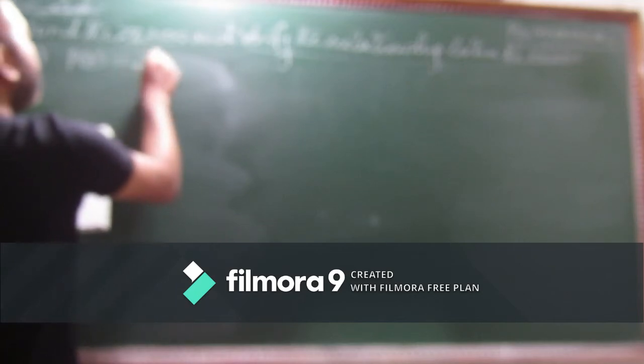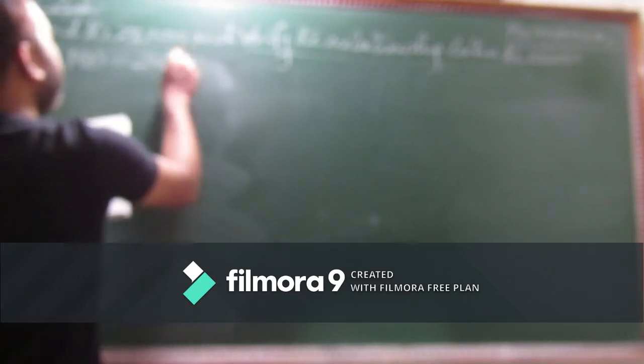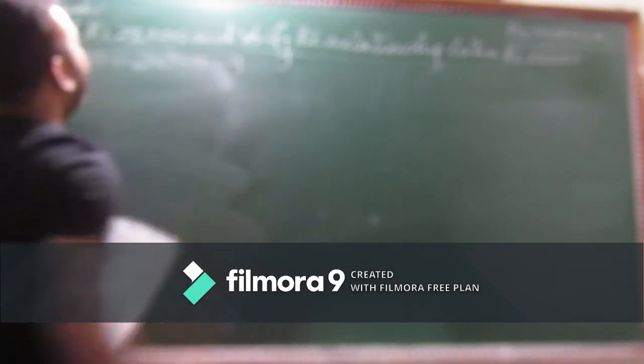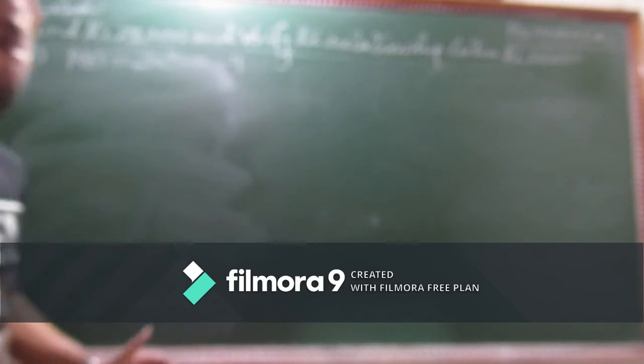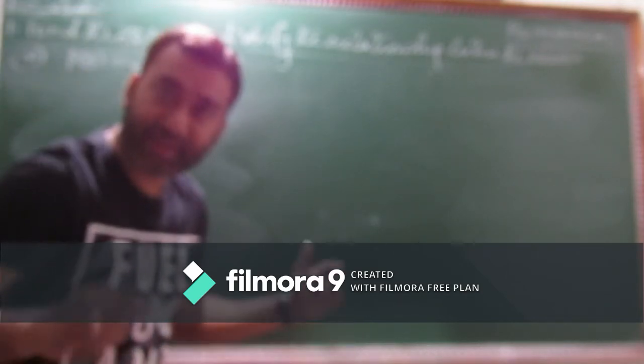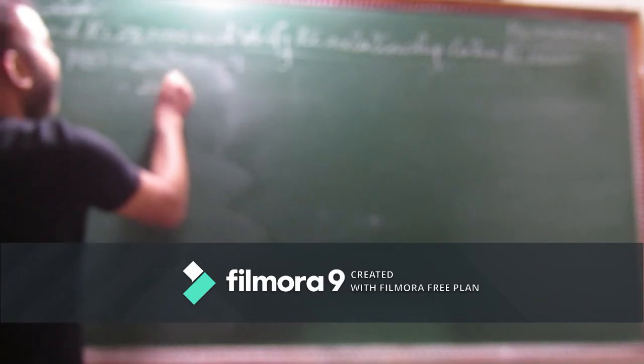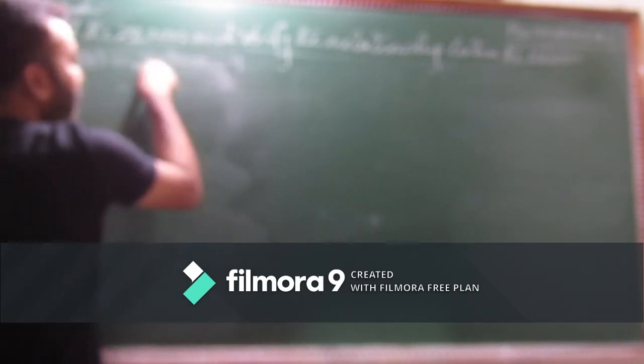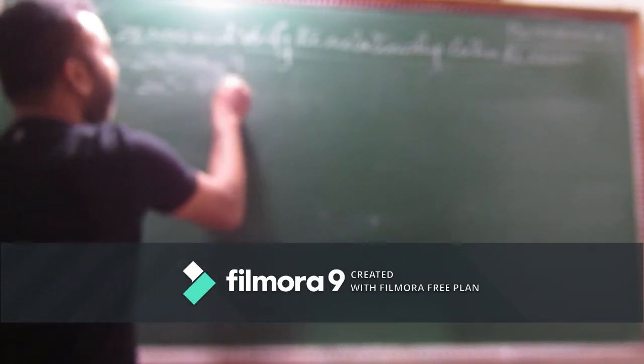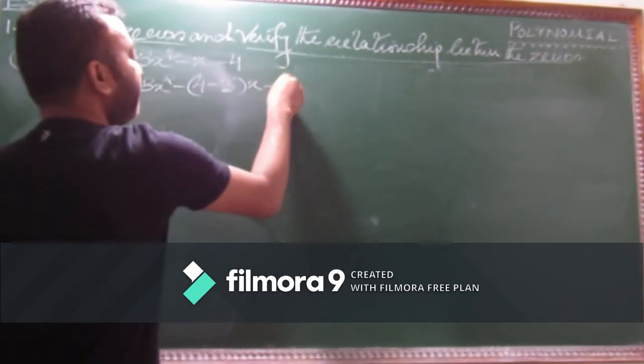Next is equal to 3x square minus x minus 4. So I need to find these zeros. I have to start the factorization. How is it possible?